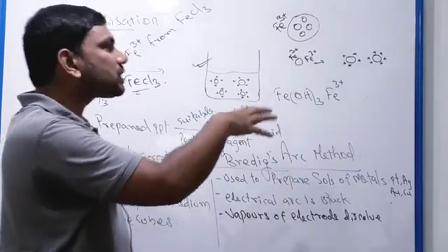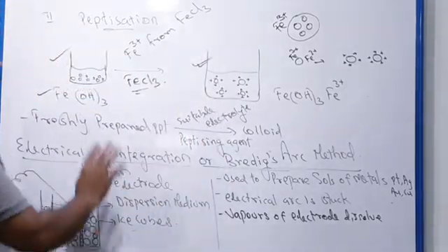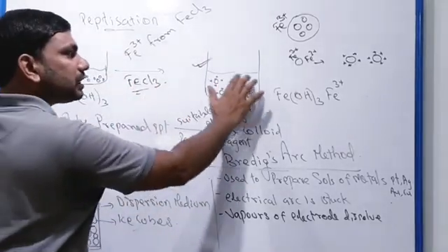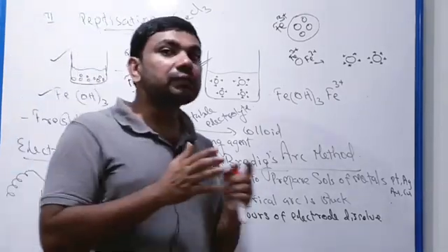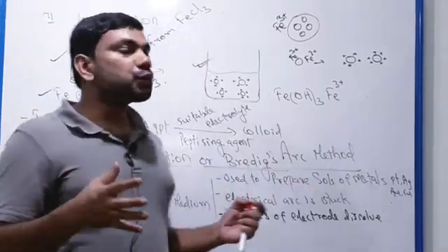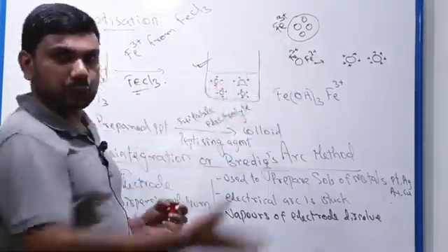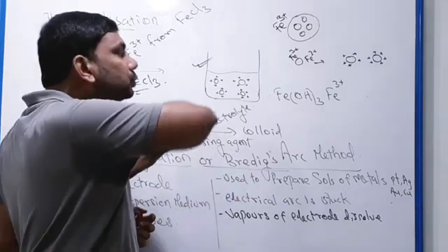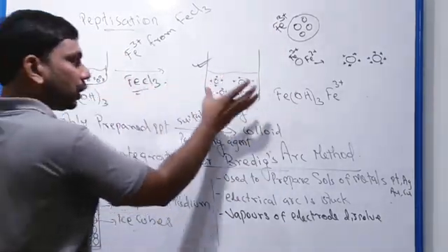The same process will happen throughout the solution. All the precipitate molecules get positive charge. We know similar charges will repel each other. That's why precipitate molecules will be distributed throughout the solution. It will move throughout the solution. Finally, precipitate changes to colloid.